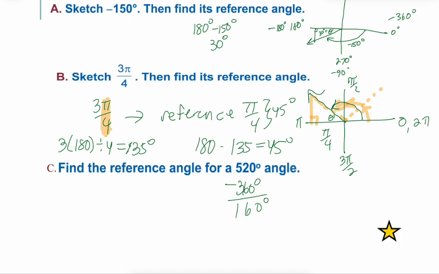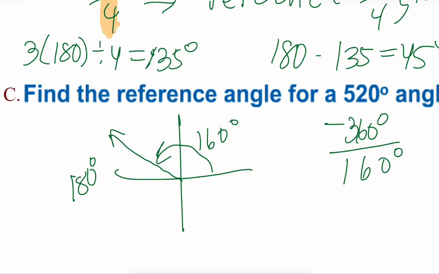You get 160 degrees. So we really need to see what 160 is. So here's 180. So 160 is a little bit like right there. And so this theta prime has to be 20 more degrees to get us where we need, right? 180 minus 160 is 20 degrees.